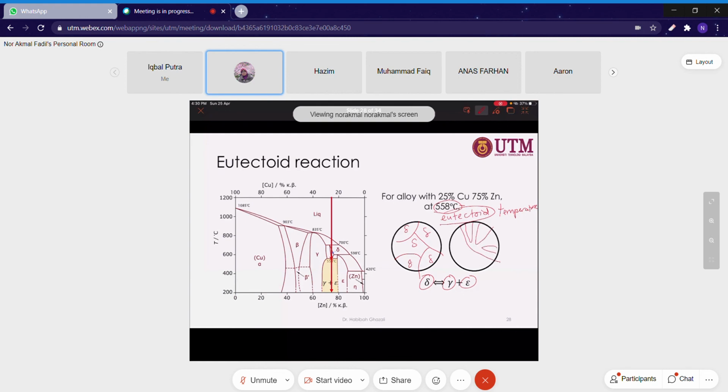In this example, a lamella between gamma and epsilon, so you can label this as epsilon, no, sorry. The darker is gamma and the lighter is epsilon. Okay, you get the structure.